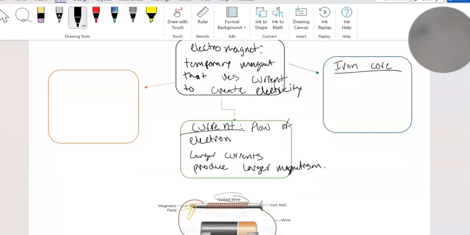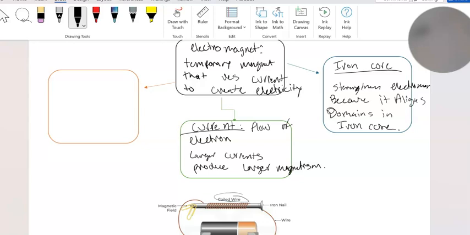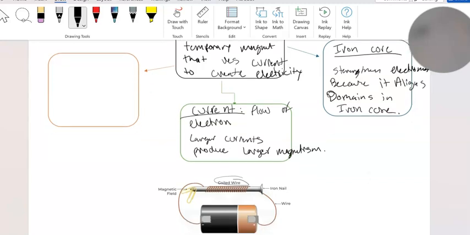So that nail, iron cores strengthen the electromagnet because it aligns domains in the iron core. It temporarily aligns those domains in the iron core and it makes it stronger. So that is the main two things that you need.